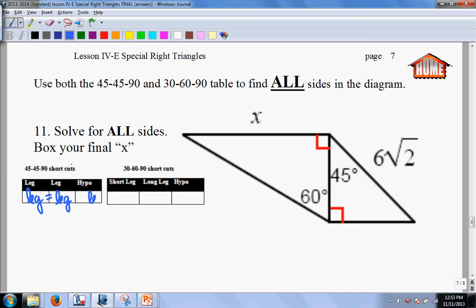The hypo is whatever the leg is times the square root of 2. In a 30, 60, 90, we start with the short leg. The hypo is whatever the short leg is times 2. And the long leg is whatever the short leg is times the square root of 3. I'm going to wait for you to write that down.